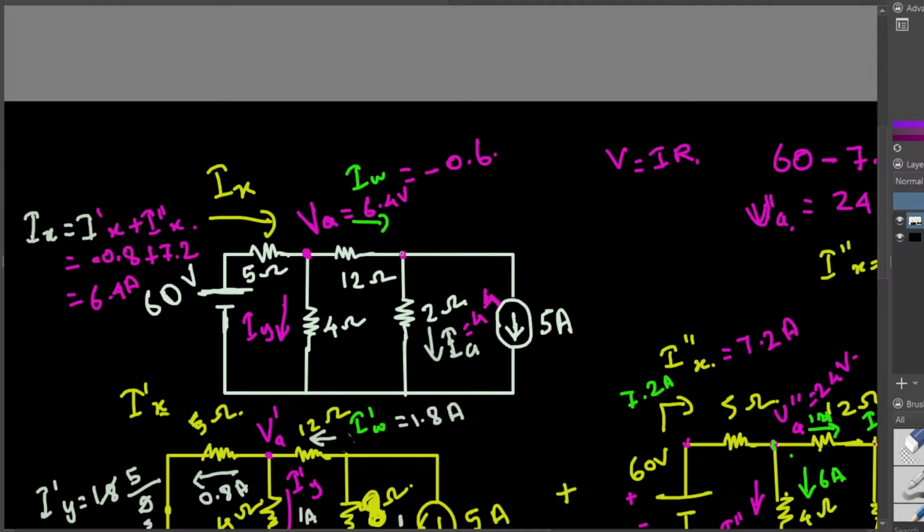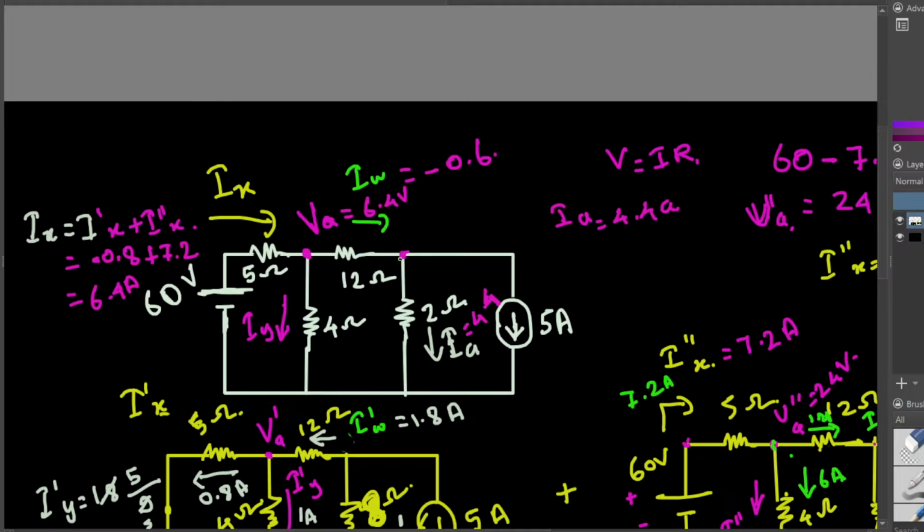And if you want to find out the voltage right here, you can do it in 2 ways. Okay, this one, IA is 4.4 ampere. I know IA is equal to 4.4 ampere. So if I have the current here, then I can find out the voltage here by taking Ohm's law.